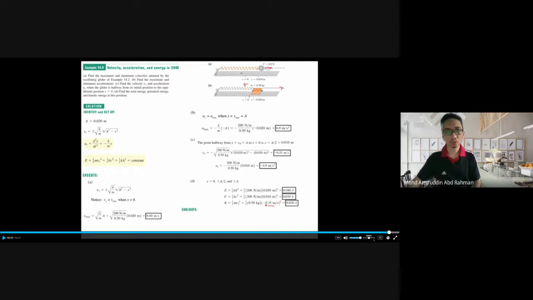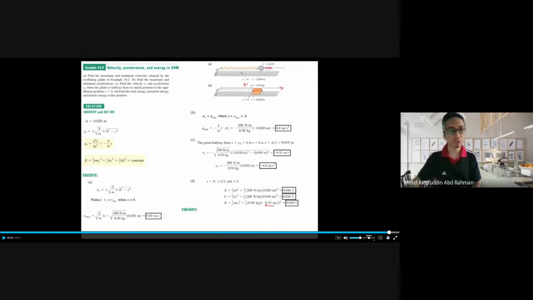Once we have that, we have C, which is to find the velocity and the acceleration when the glider is halfway.